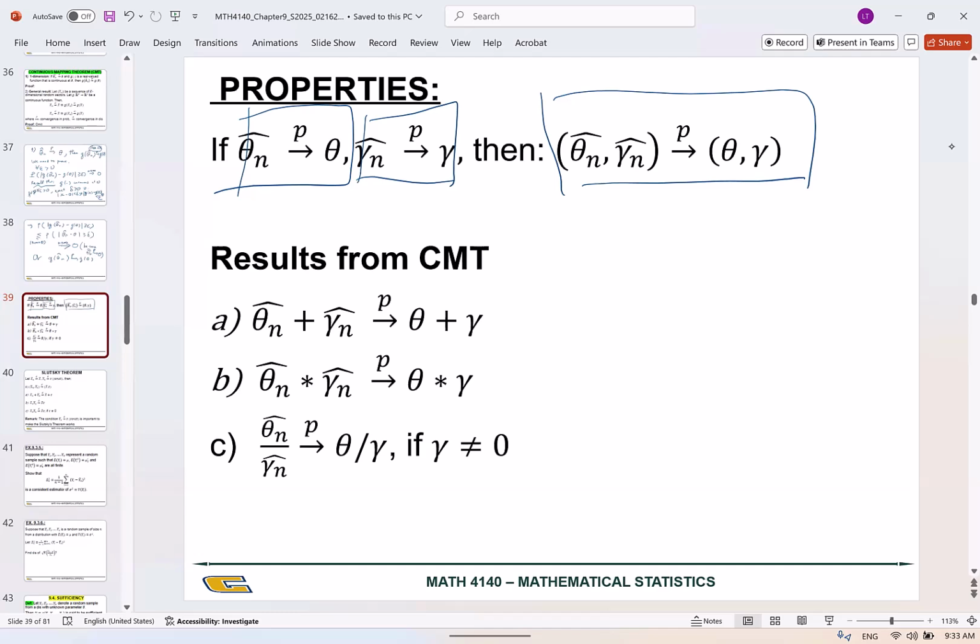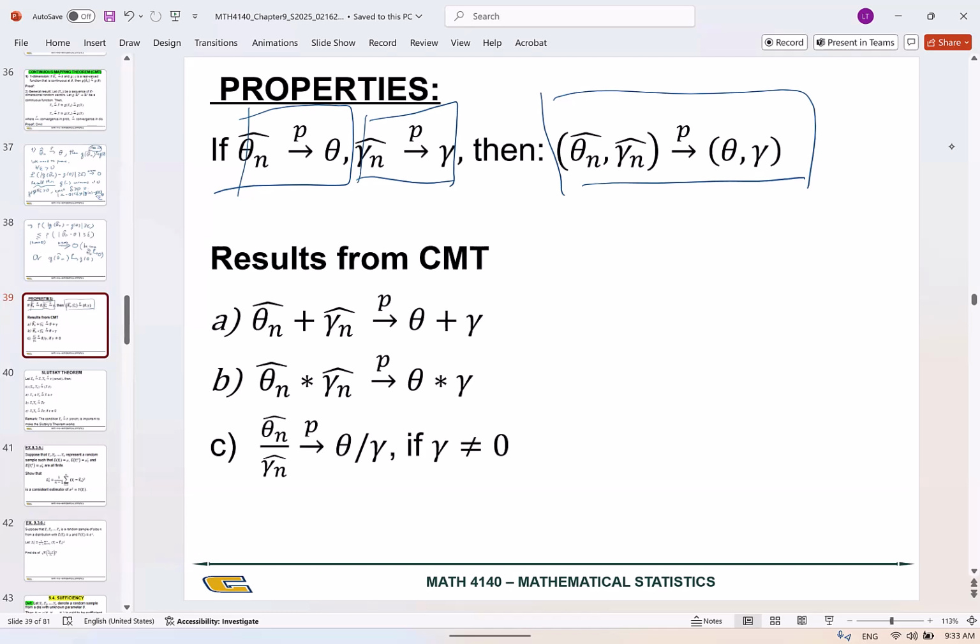So here it's very important, because now you only have the marginal version, and then you get the joint version.